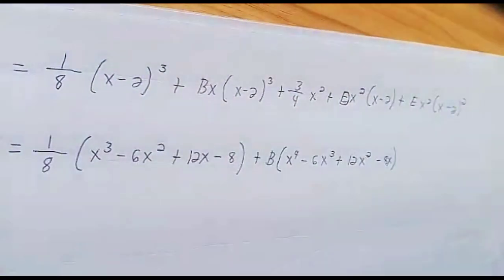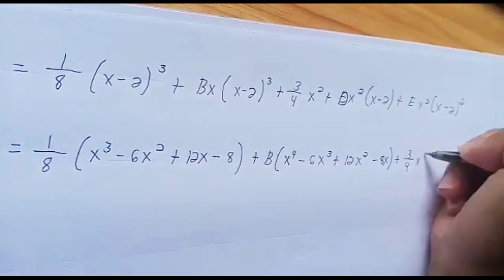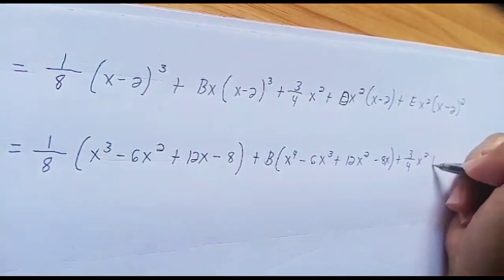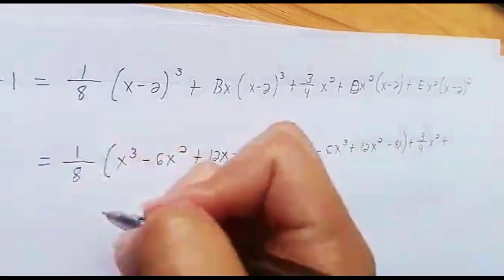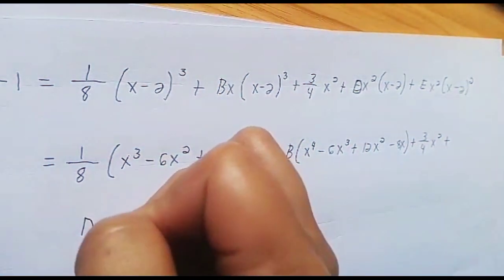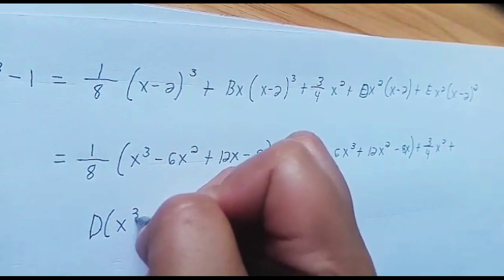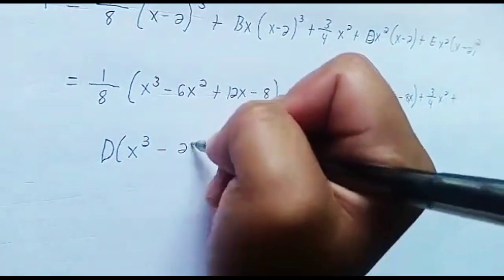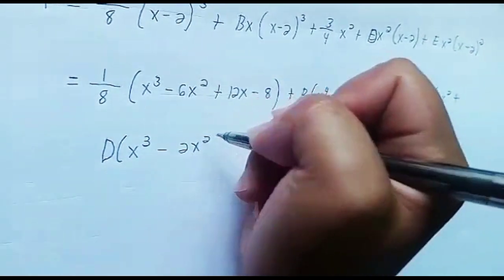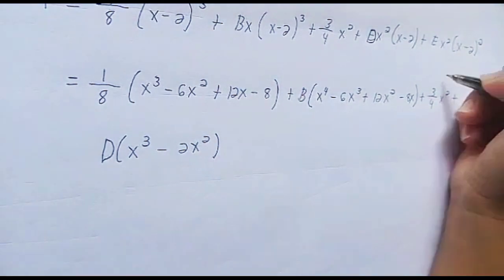Then we attach it to 7/4 x cubed, plus D, which we simplify, plus D, open parenthesis, x cube minus 2x square. Then we go to D, then we go to E.